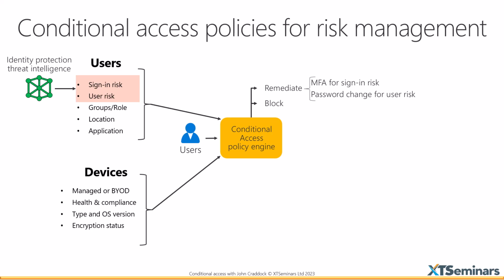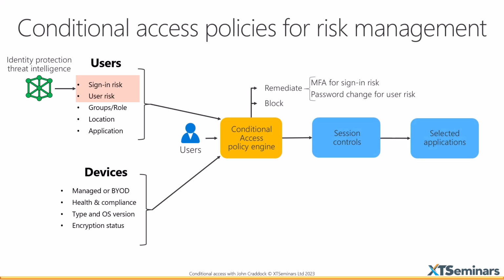So you may want a different policy depending on the location where the user is or the application they're going to. You have that richness from using conditional access policy. We've also got the ability to use session controls, and with session controls, we can force the user to re-authenticate before they're allowed to remediate. So there's an extra layer of protection.